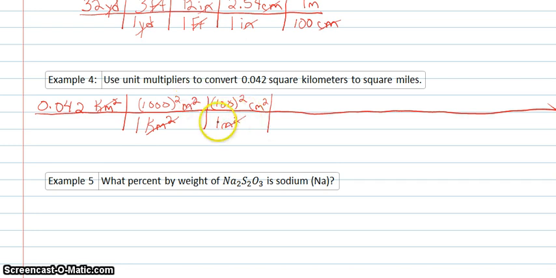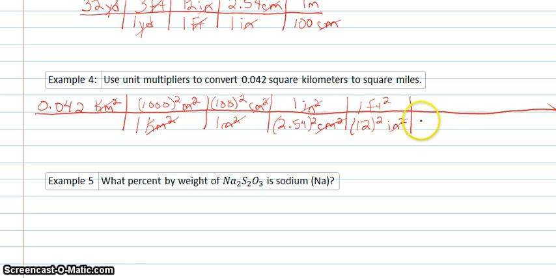Then our next step, we go from centimeters to inches. There's 2.54 squared centimeters squared in 1 inch squared. And there's 12 squared inches squared in 1 foot squared.